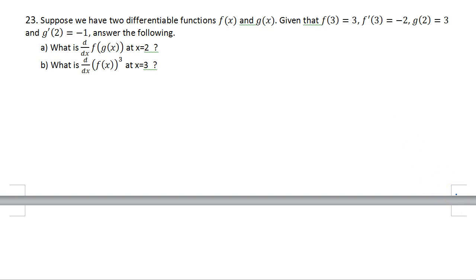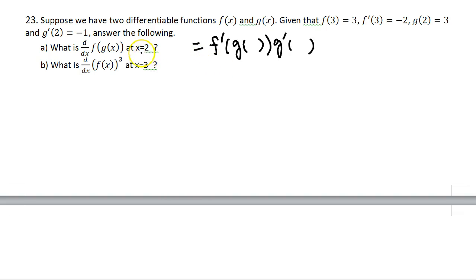Okay, suppose we have two differentiable functions, f(x) and g(x), given that f of 3 is 3. If these are given, what is the derivative of f(g(x)) at x equal to 2? Well, this is a simple application of the chain rule. The derivative is f prime of g of x times g prime of x, right? That's the chain rule.